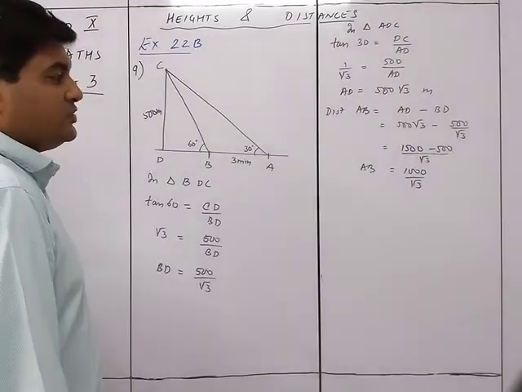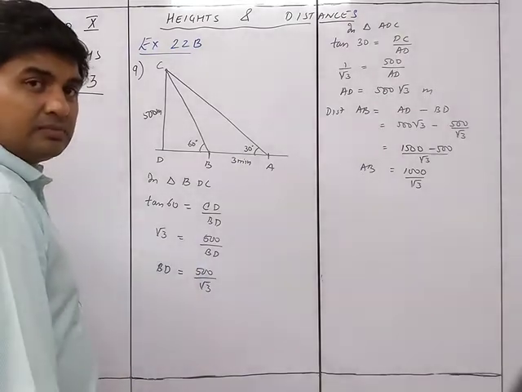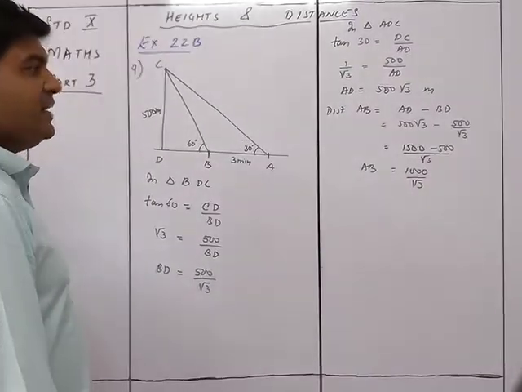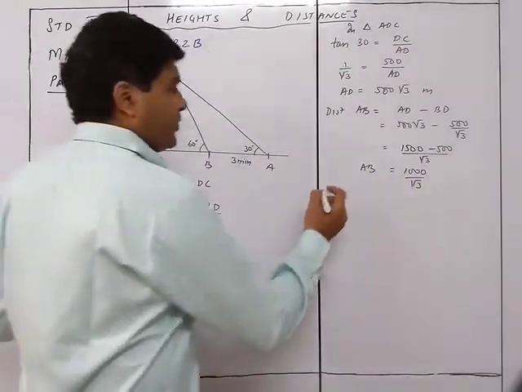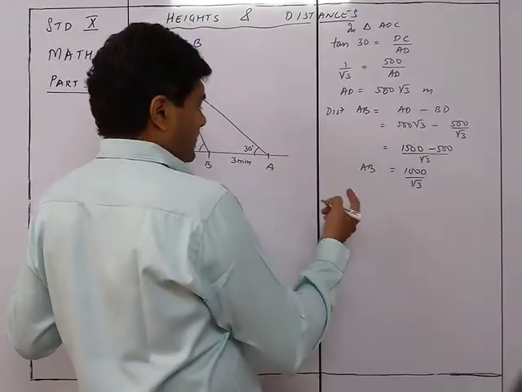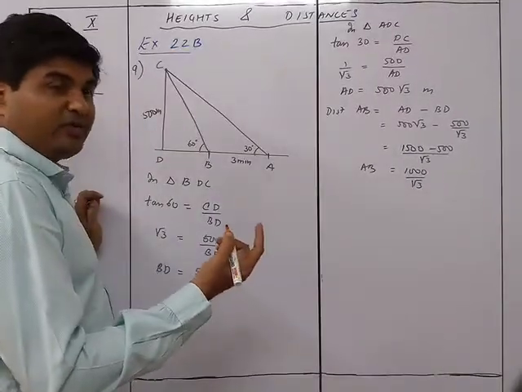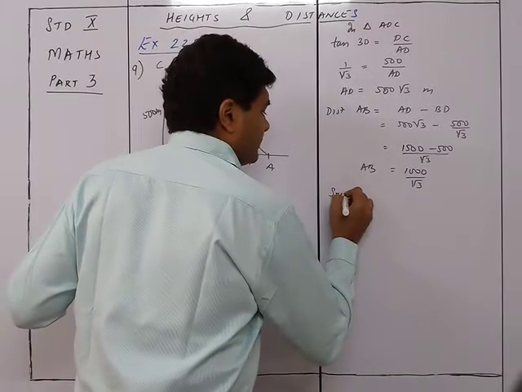Now this is the distance it is traveling in 3 minutes. Since it is traveling this distance in 3 minutes, the time taken is known to us. We need to find the speed.